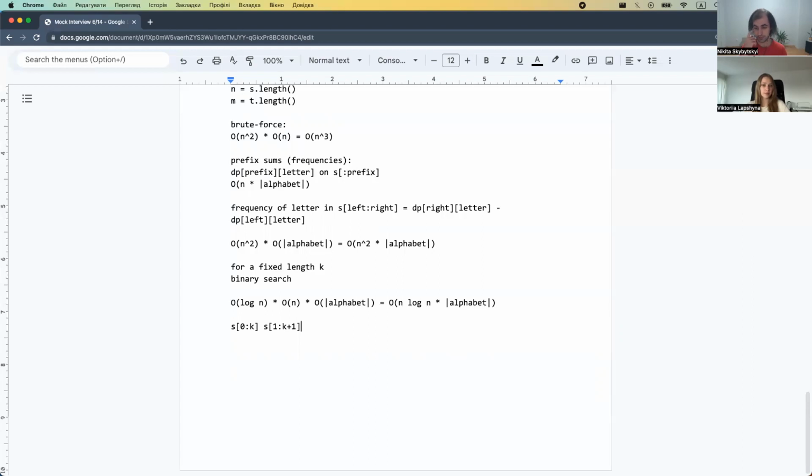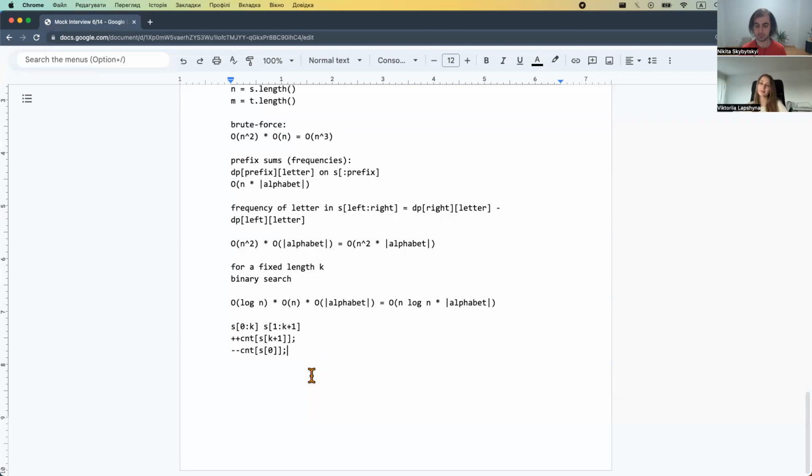So the only thing that changes is that the frequency of s of k plus 1 is incremented, and the frequency of s of 0 is decremented.